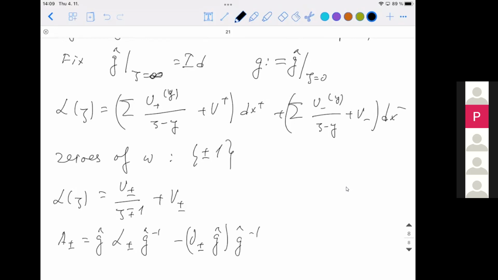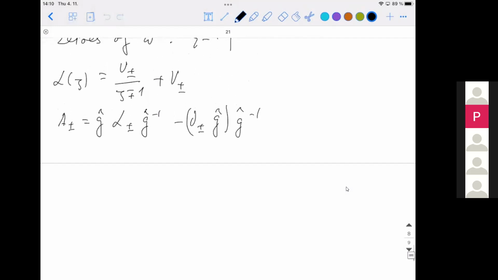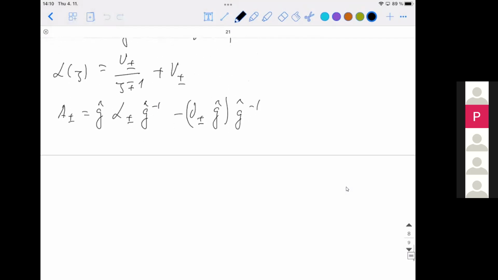Like this. And then we also have these boundary conditions on A plus minus.